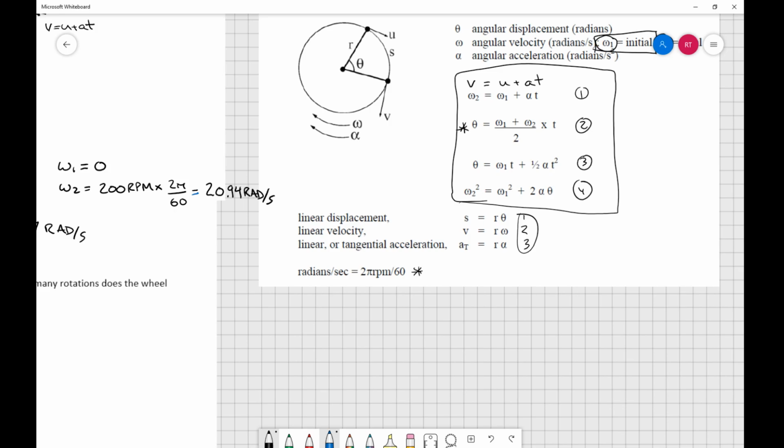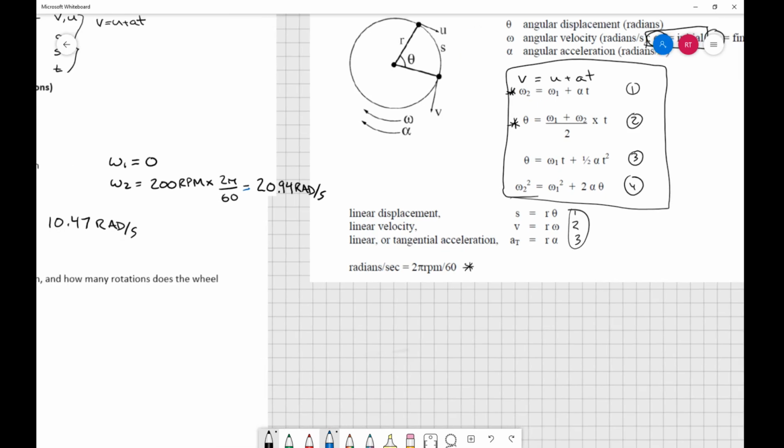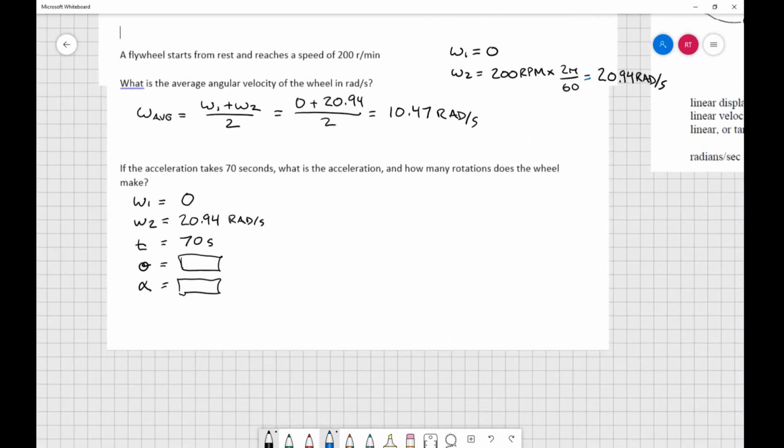And to find my acceleration, I'm going to use that first equation. So I have omega 2 is equal to omega 1 plus alpha t, and I have theta is equal to omega 1 plus omega 2 by 2 all times t.